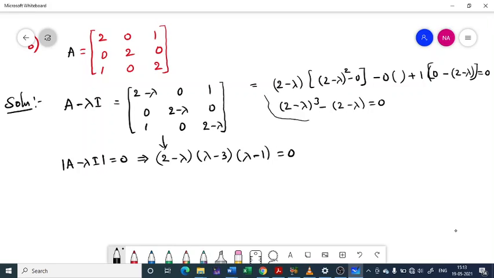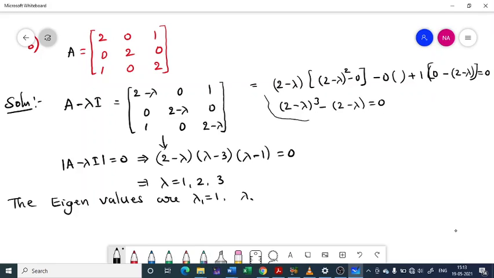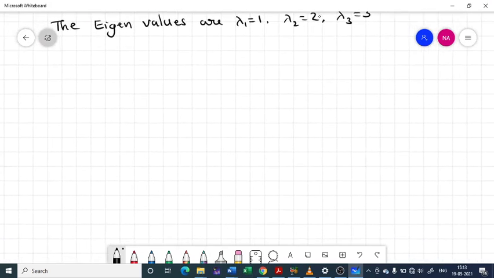So from this lambda will be equal to 1, 2, 3. So the eigenvalues are lambda 1 equal to 1, lambda 2 equal to 2, and lambda 3 equal to 3. Right? Now we need to find the corresponding eigenvectors.